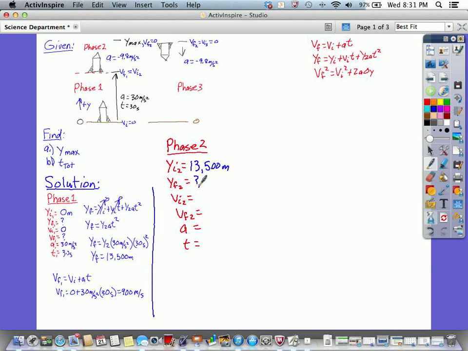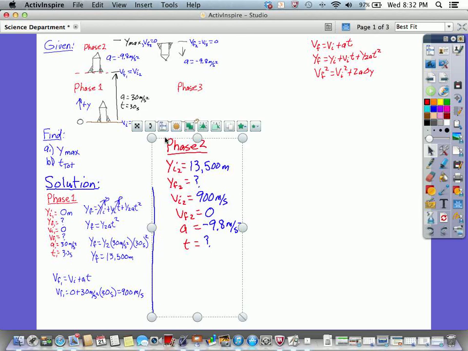My initial velocity now is the final velocity in 1, 900 meters per second. My final velocity is that point where it's at its highest point. My final velocity is 0. My acceleration is gravity, minus 9.8 meters per second squared. And time, I don't know. But we'll need to find that, I just don't know it yet, okay? But we'll get it.